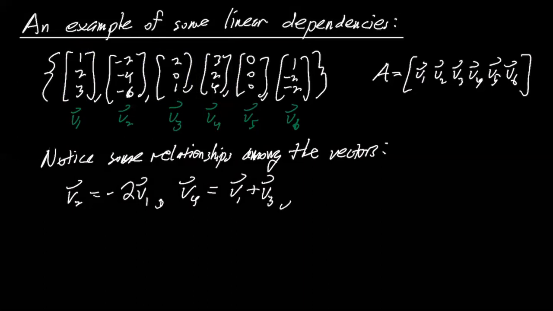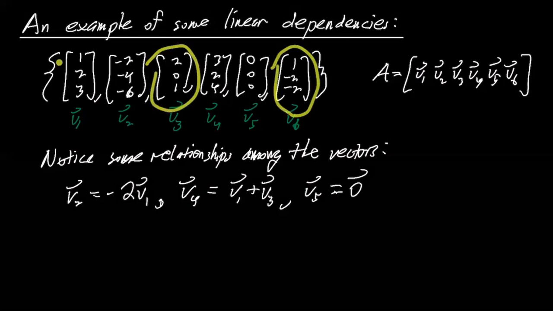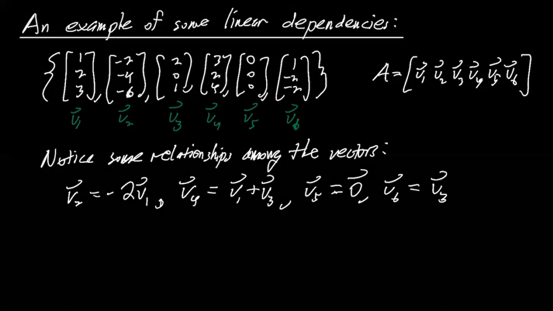V5 is the 0 vector. And v6 is actually v3 minus v1, I think. If I take this one and subtract this one, I get 2 minus 1, 0 minus 2, 1 minus 3, yeah. So v6 is v3 minus v1.